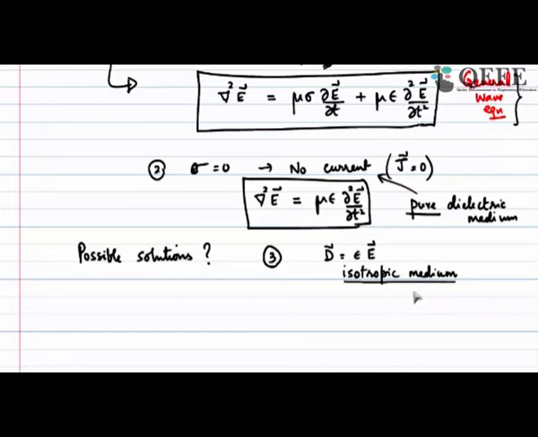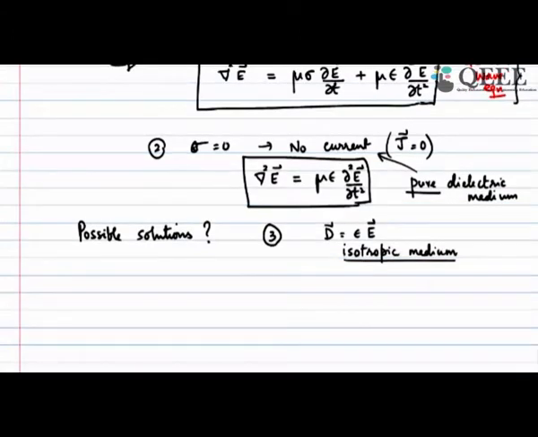Now the natural question is, what is an isotropic medium? The answer is, if it is an isotropic medium, your epsilon is a scalar. Your epsilon is actually epsilon naught epsilon r.